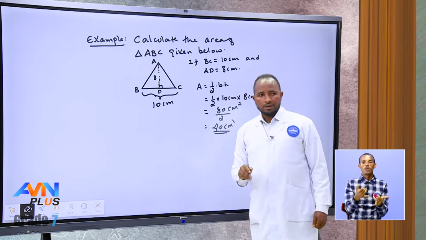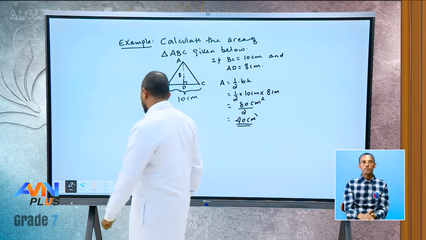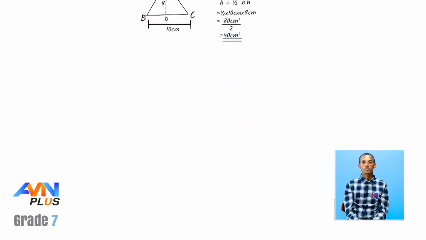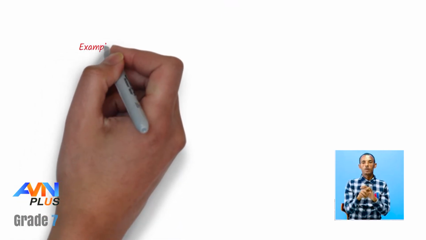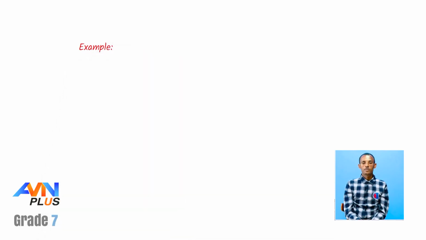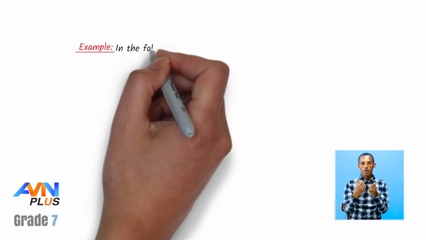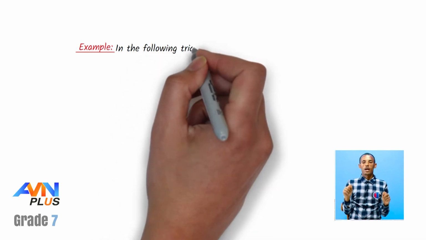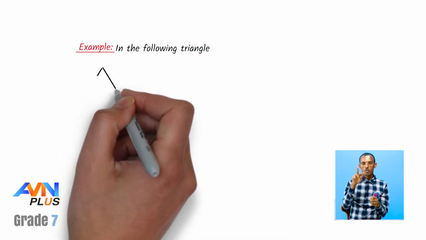Now let me give you one more example for this. Example 2. In the following triangle, look, this one is the triangle.